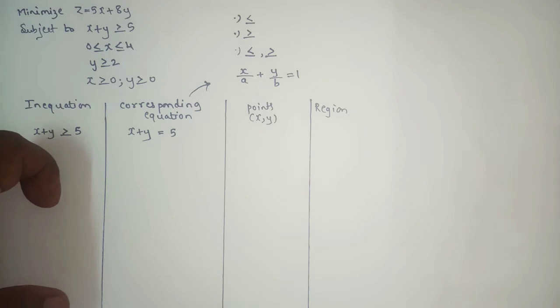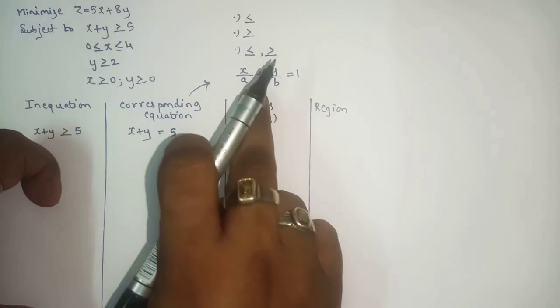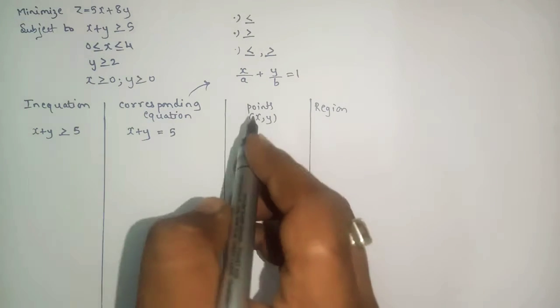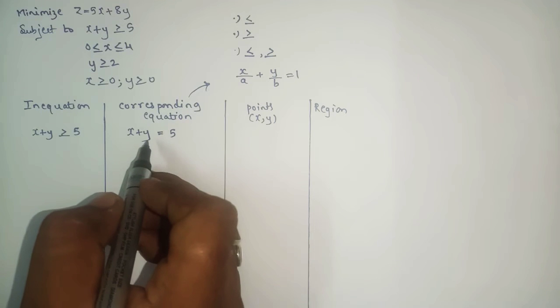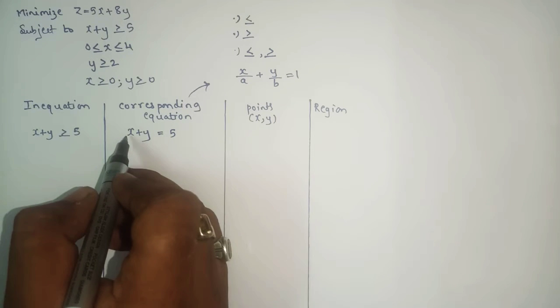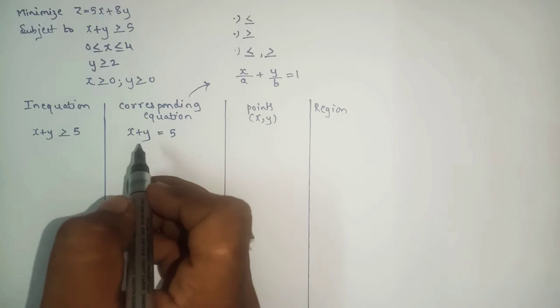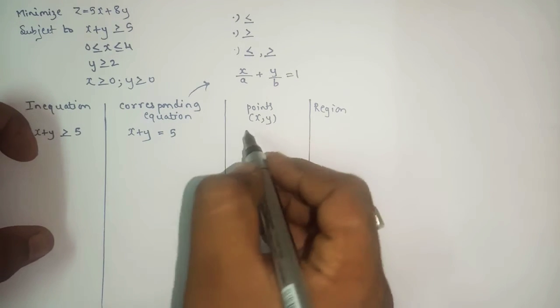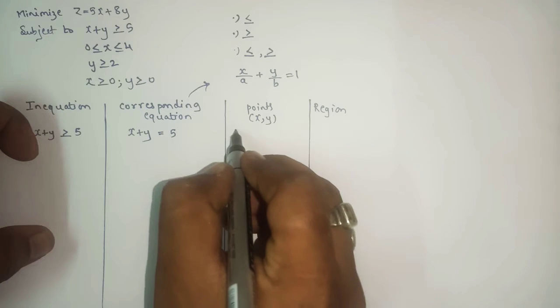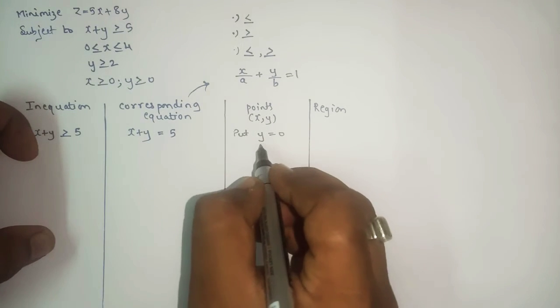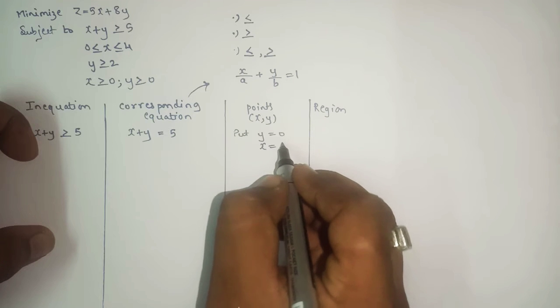But there is one more method which is easier compared to this, which is the coordinate method, where you first replace y by 0 and get the value of x, and in the second case you replace x by 0 and get the value of y. So we'll start. We'll put first y equal to 0. Clearly we get x as 5.